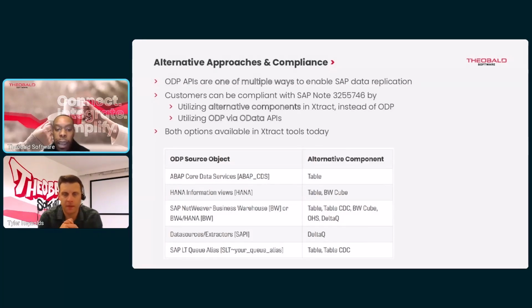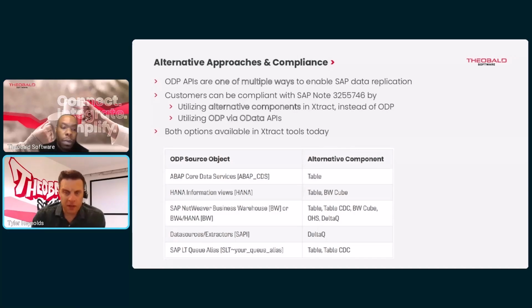So again, you'll have the same performance over RFC through these other alternative components specifically, but to stay compliant with SAP's OSS note, we have introduced the OData protocol for ODP. Right, exactly. And the next slides will show this a little bit in the architecture.